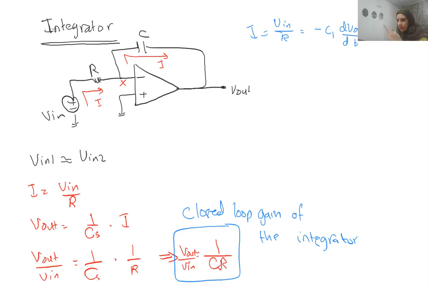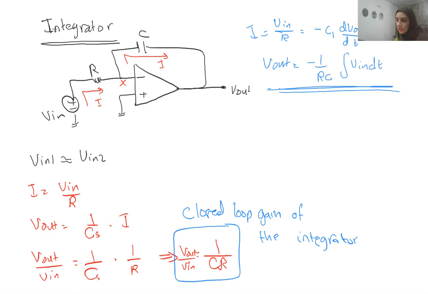And why the negative sign? Because the direction of the current is different according to the voltage. So now, in order to get rid of this derivative, we need to integrate both sides. So Vout will equal minus 1 over RC times the integration of Vn dt. That's why it's called the integrator.